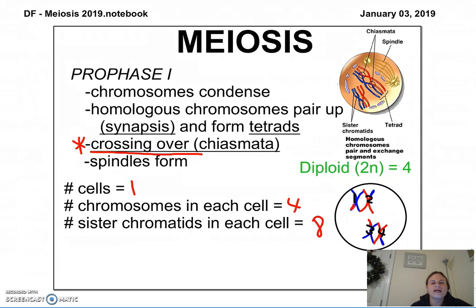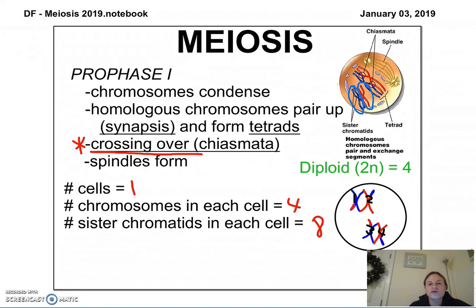You've got prophase 1, where our chromosomes condense, or you can technically say your chromatin condenses into chromatids, which then condense into chromosomes. You've got that supercoiling going on. Now you've got homologous pairs. So here you've got the chromosome from dad that's replicated, and here you've got the chromosome from mom that's replicated.